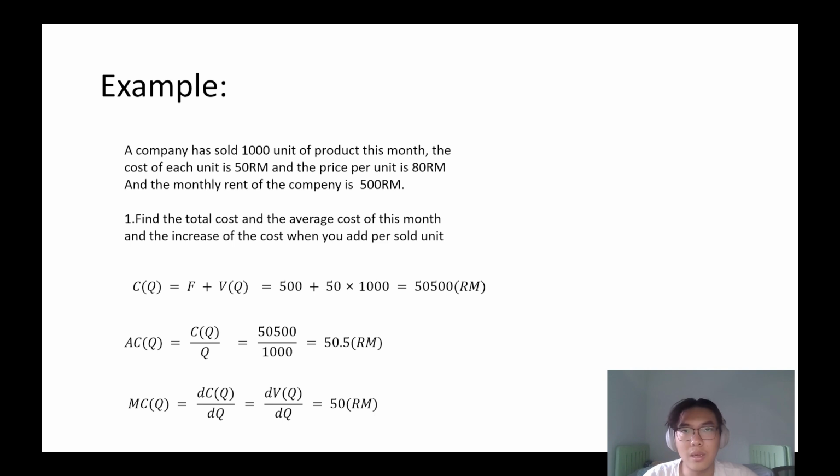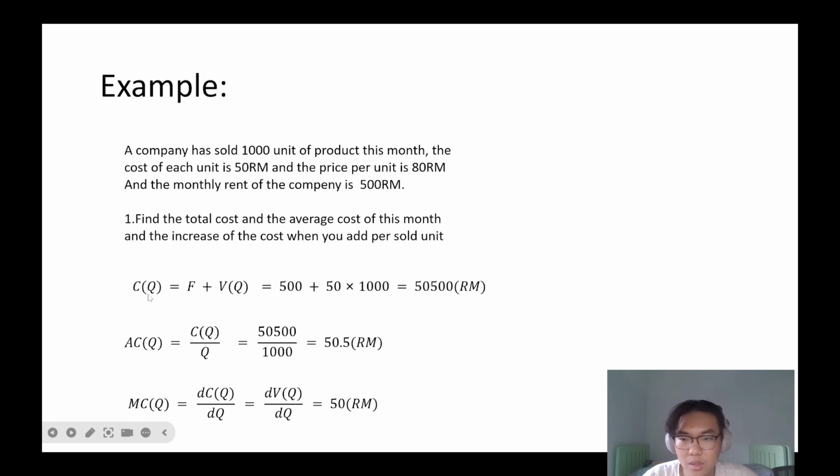So let me analyze this. For the total cost, there are fixed costs and variable costs. Obviously the fixed cost is the monthly rent, which is 500 ringgit, and the variable cost is 50 ringgit per unit, which is linear in the number of units we sold.